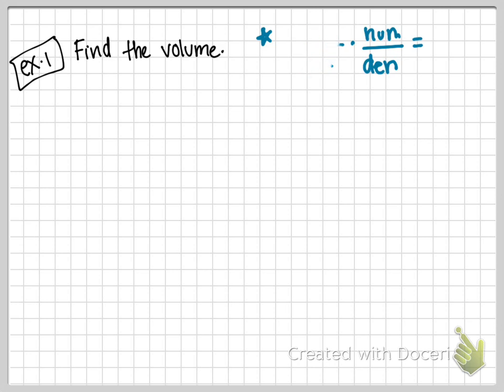So let's do an example, okay? Let's say we've got 1/2 times 3/7. We multiply the numerator times the numerator. 1 times 3 is 3. 2 times 7 is 14. That is your answer. You must always simplify your fraction.